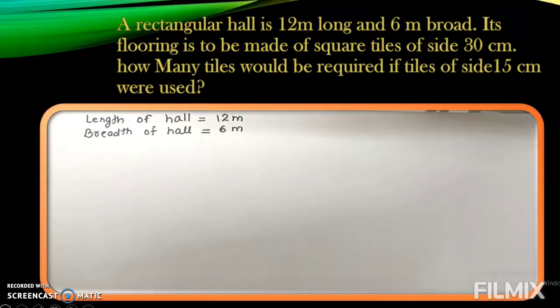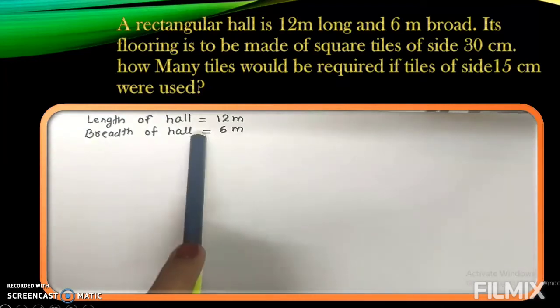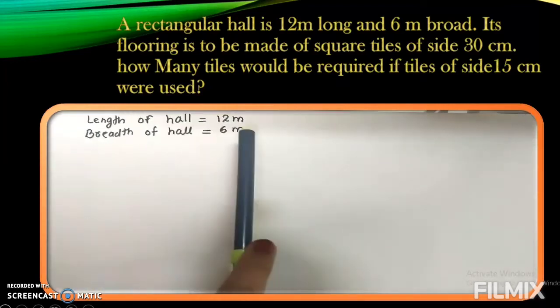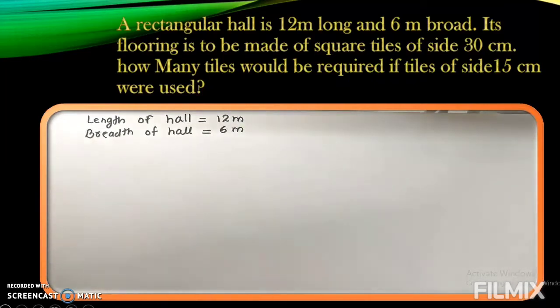So if you see in your room there will be certain number of tiles used for flooring it. In the same way they had given one hall and the shape of the hall is rectangle and they had given the length and breadth of the rectangle and they are saying that we have to do its flooring work. So for flooring work we have to put tiles and the shape of the tile is square and side of one square tile is given 30 centimeter.